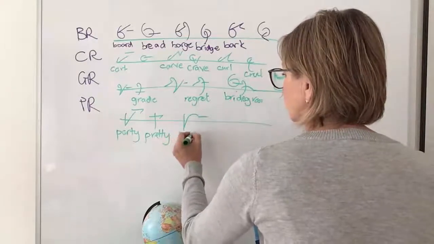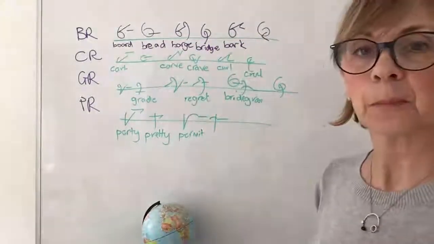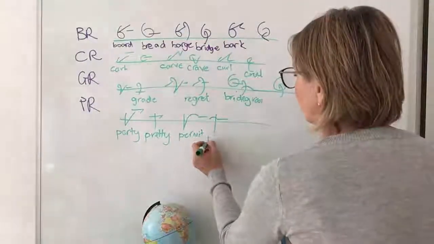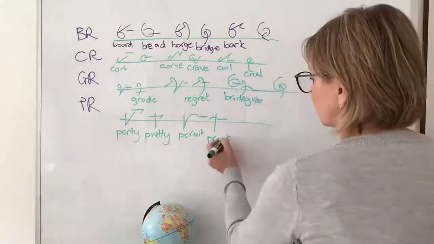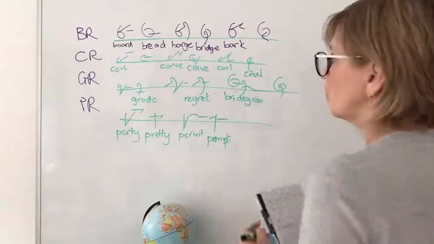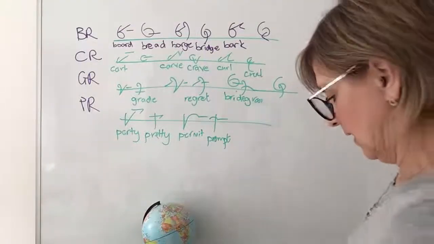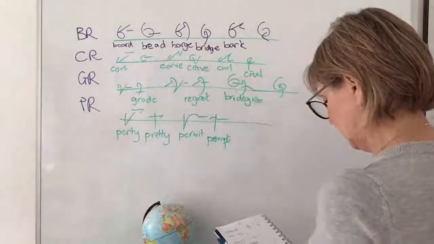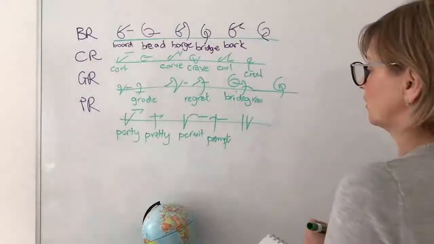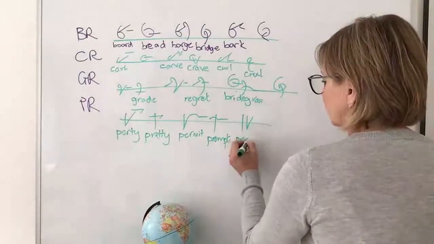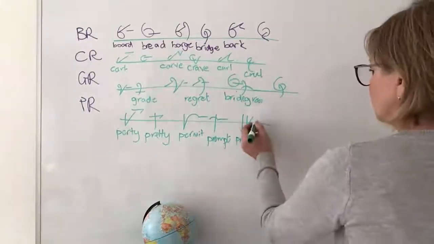Permit, but PR, MT, it's got a silent P, prompt. And prepare, just to show you when sometimes you have to put it next to it when you can't intersect it through.